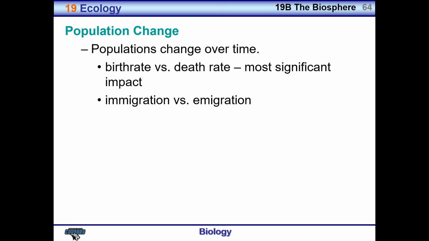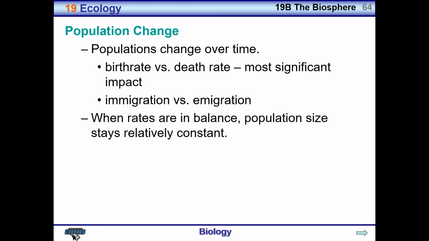All of these affect the population. Now, when the rates are in balance, that means birth rate and death rate are equal to each other, and if immigration and emigration are happening at the same rate, then the population size is going to stay relatively constant.